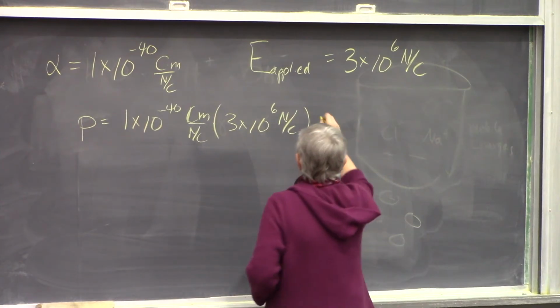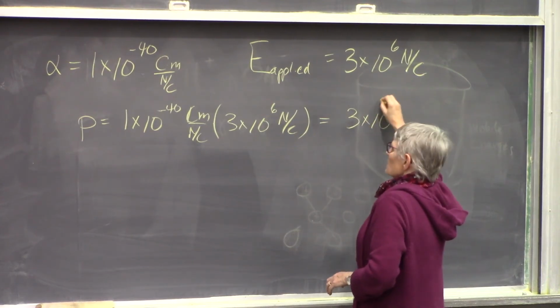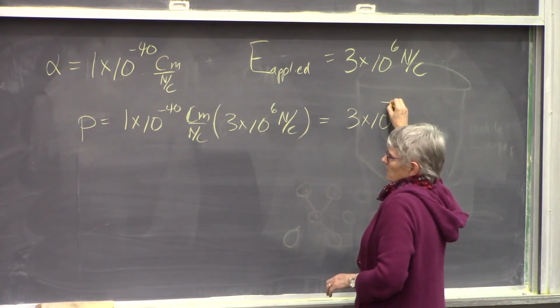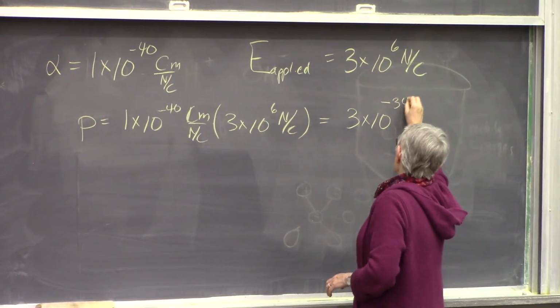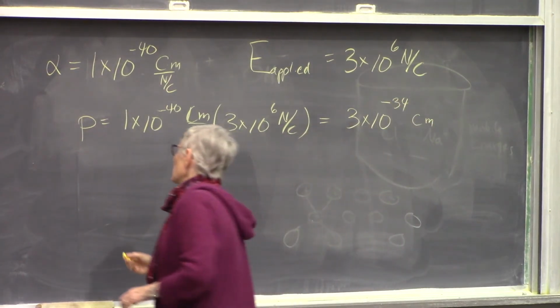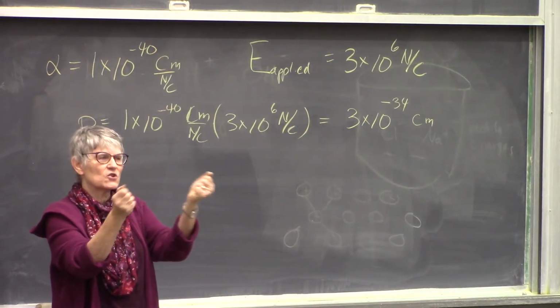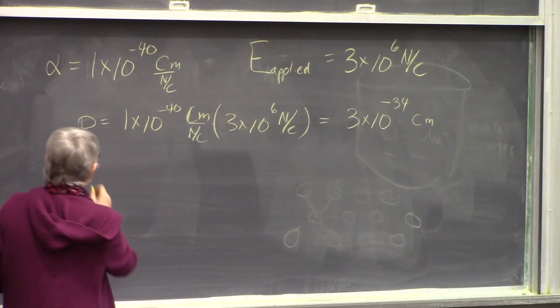And so we get 3 times 10 to the negative 34th coulomb meters. If we assume it's 1e that's shifting, we could calculate a separation.